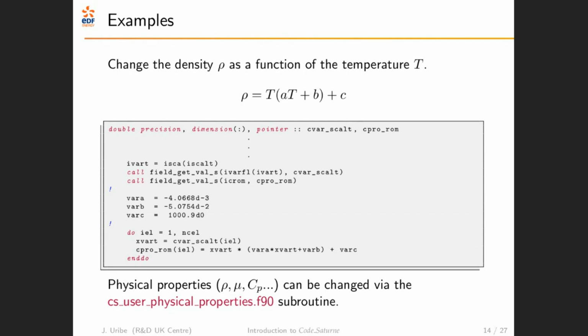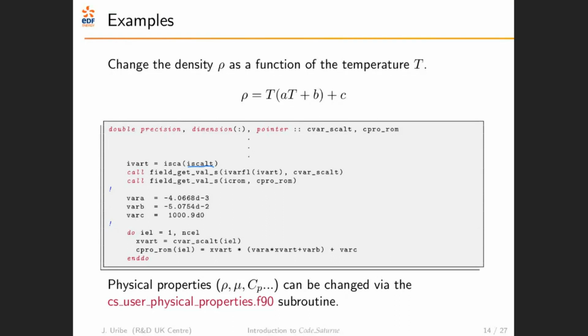So to get the temperature, then the trick is to use, I don't know if you can see this, ISCALT is always going to be the index for the scalar of the temperature. Okay.